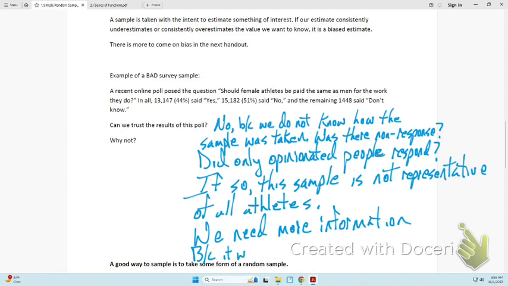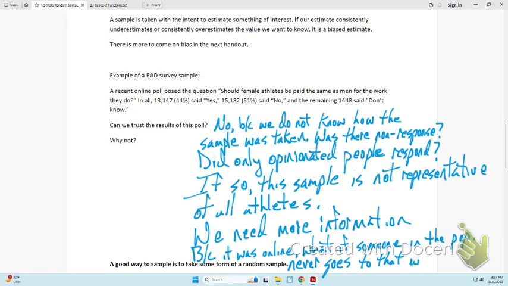Because it was online, what if someone in the population never goes to that website? Like, how was this done? Were they all asked to go to this website? Who knows? Many questions. We need more information.